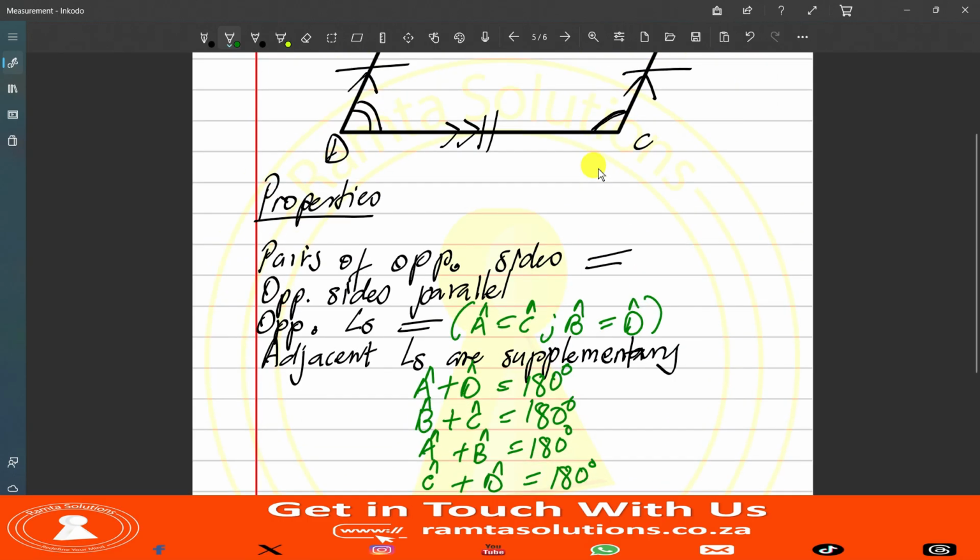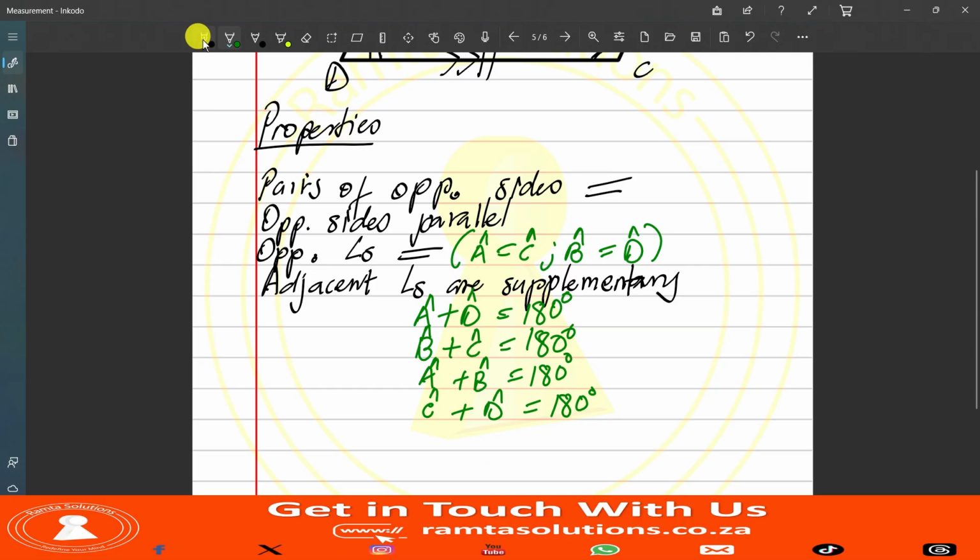All right. So these are the four properties. Let me add another one. The last one is the interior angle. Now I'm basically contrasting this to a rectangle. So the interior angle is not equal to 90 degrees.